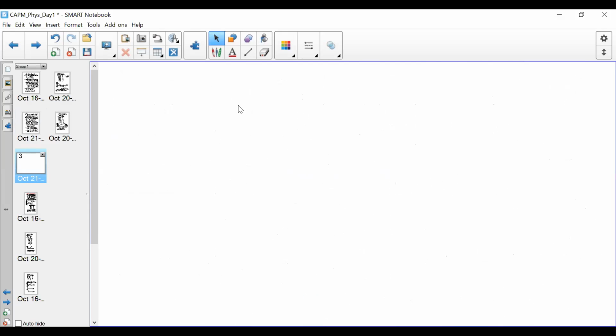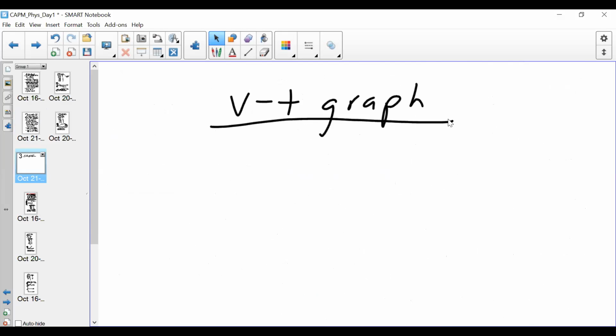All right, so now we just saw earlier the XT graph, the position time graph. Now for a velocity time graph, let's say we have a VT graph doing this, and we want to go to AT, acceleration.